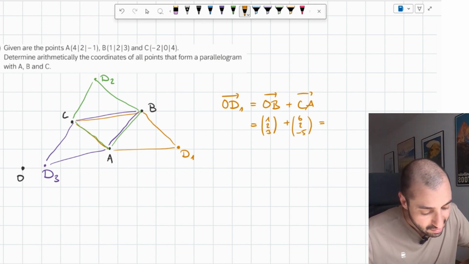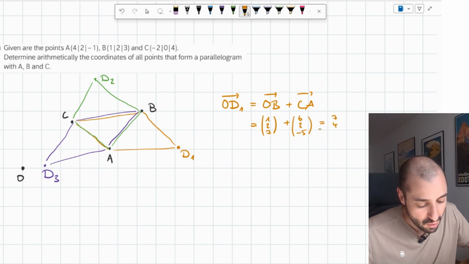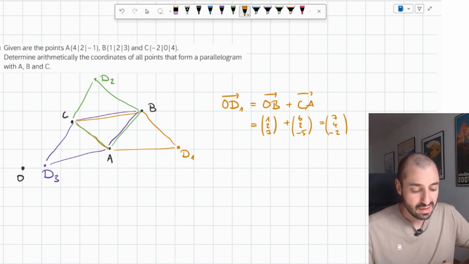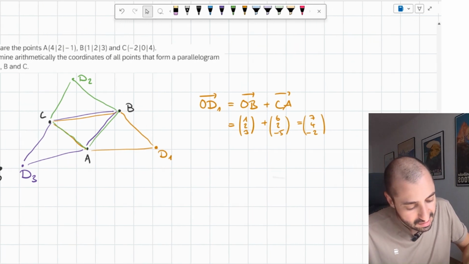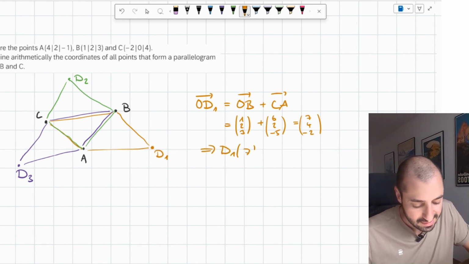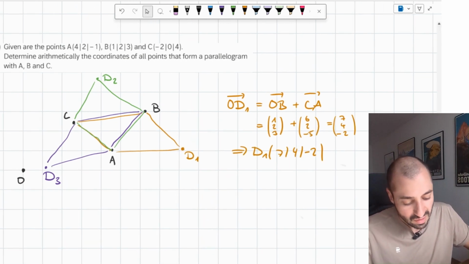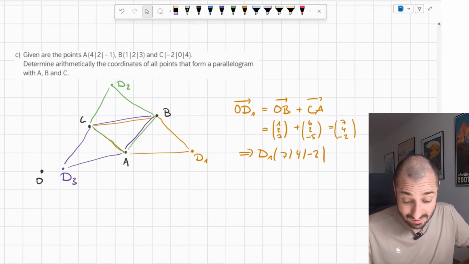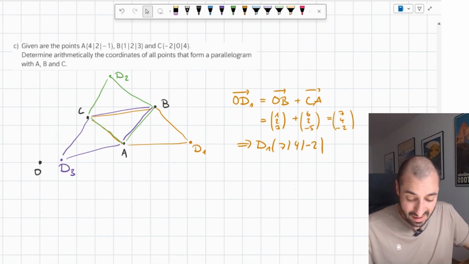And if we calculate that, we get 7, 4, -2. So in the end, our point D1 has coordinates 7, 4, -2. Always assuming that we did everything correctly here.